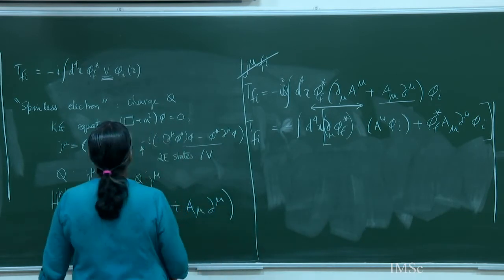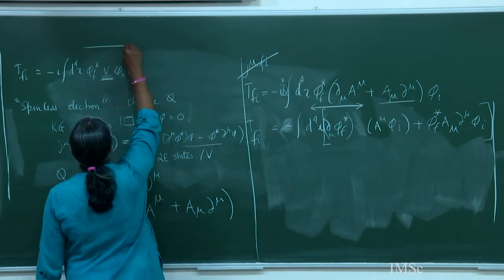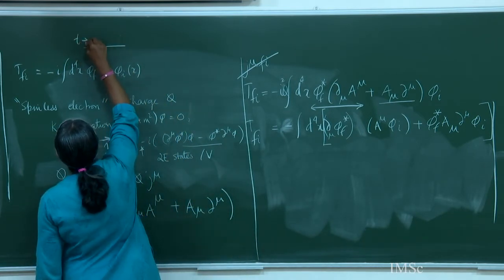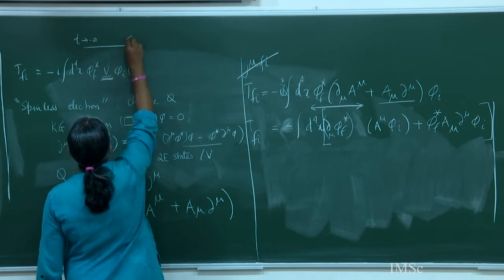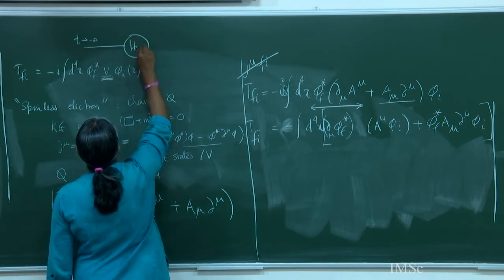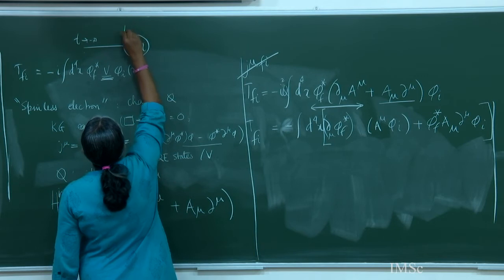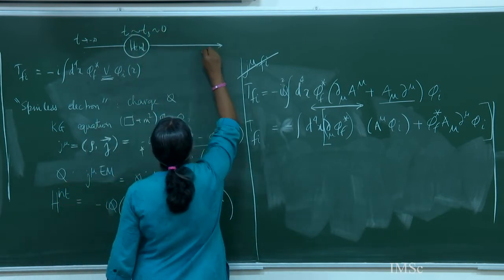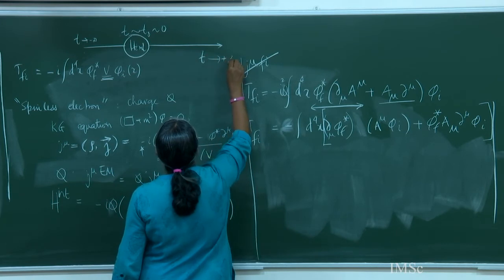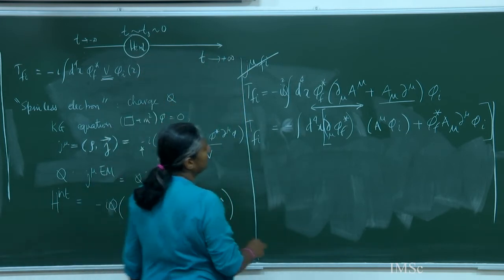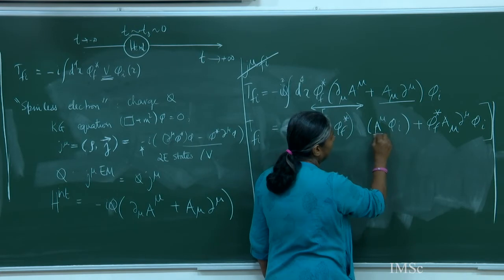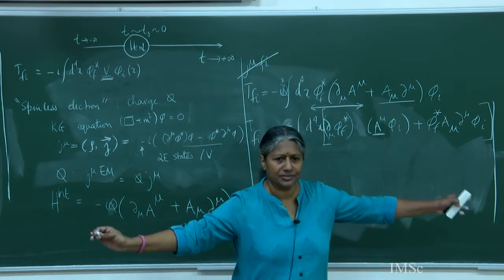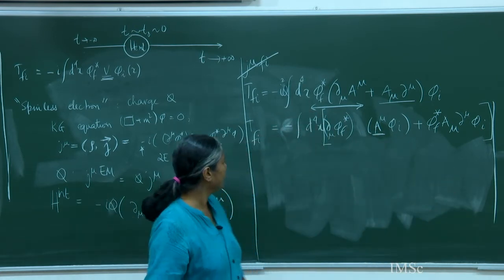You remember that whole diagram, right? At time t minus infinity, these are free states. The agent is turned on around t of the order of 0, and then I am doing the detection at t going to plus infinity. So all these terms, especially this interaction term, are 0 on the surface, nothing is there at infinity.